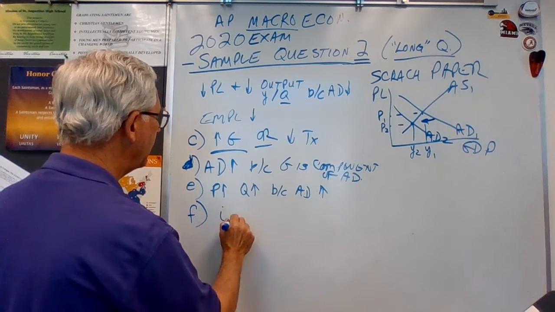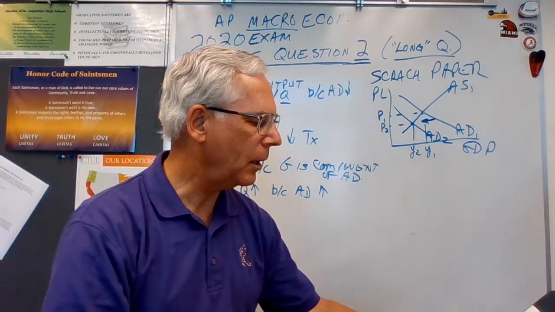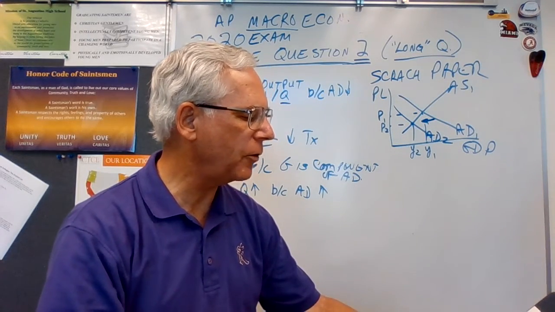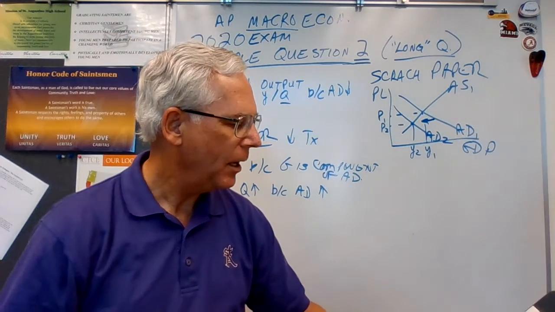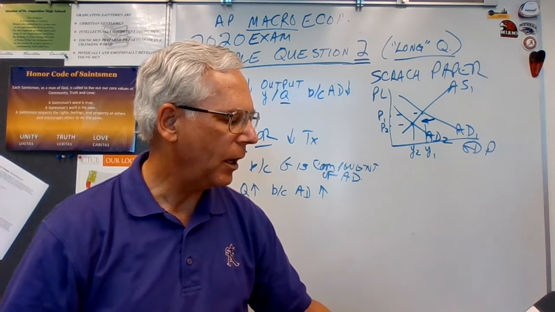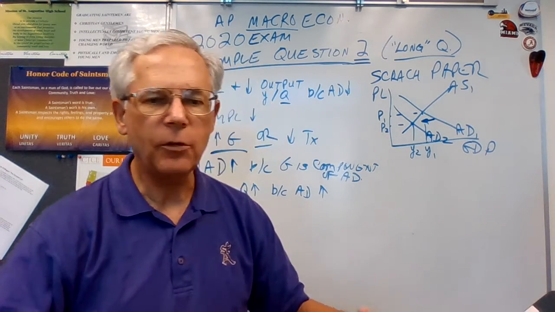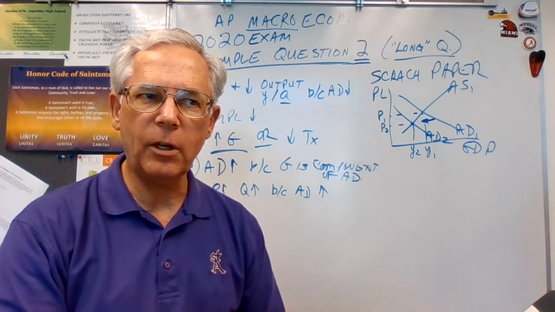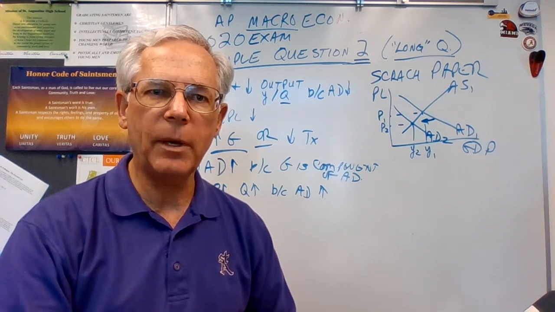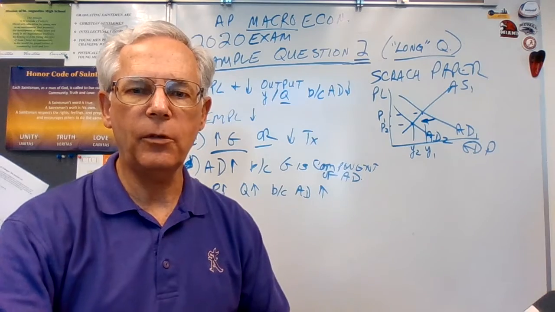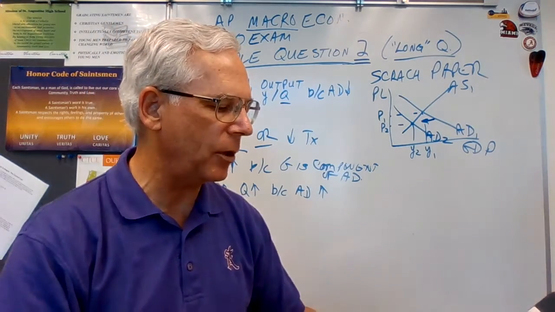So real interest rates are going to increase, because the government is getting into the loanable funds market. They're increasing the demand for loanable funds, and an increase in the demand for loanable funds increases the interest rate. That's what you write down there.